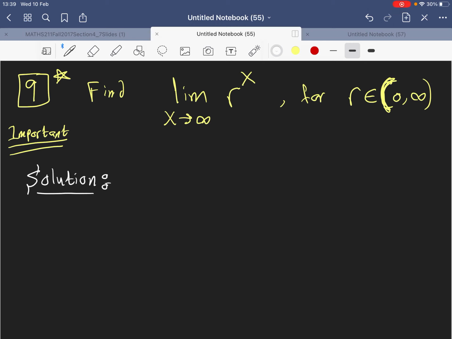I have something in the power, and that something goes to infinity, so I'm a little bit not sure what to do with it. So what we will do is we'll write L equal to this limit. I will write ln for both sides, and just let me take it inside the limit all at once.